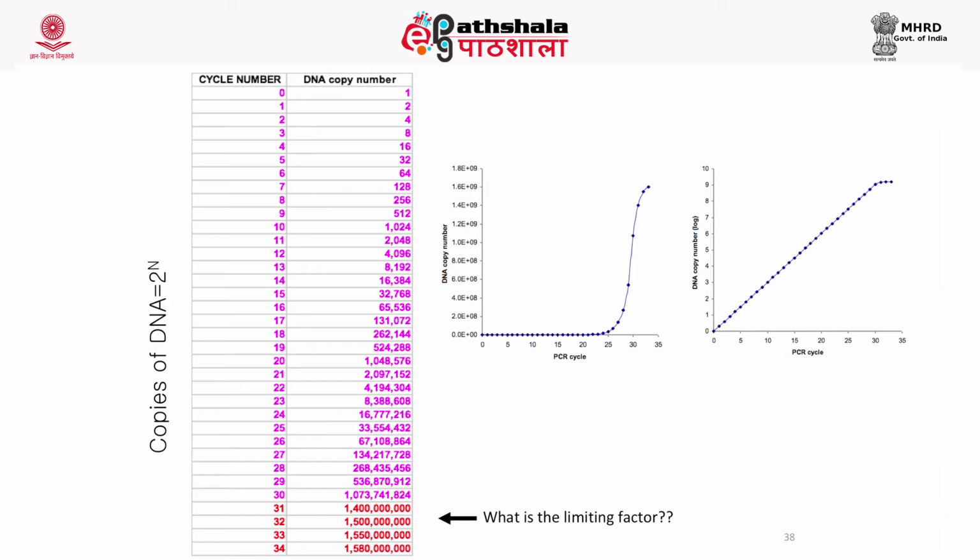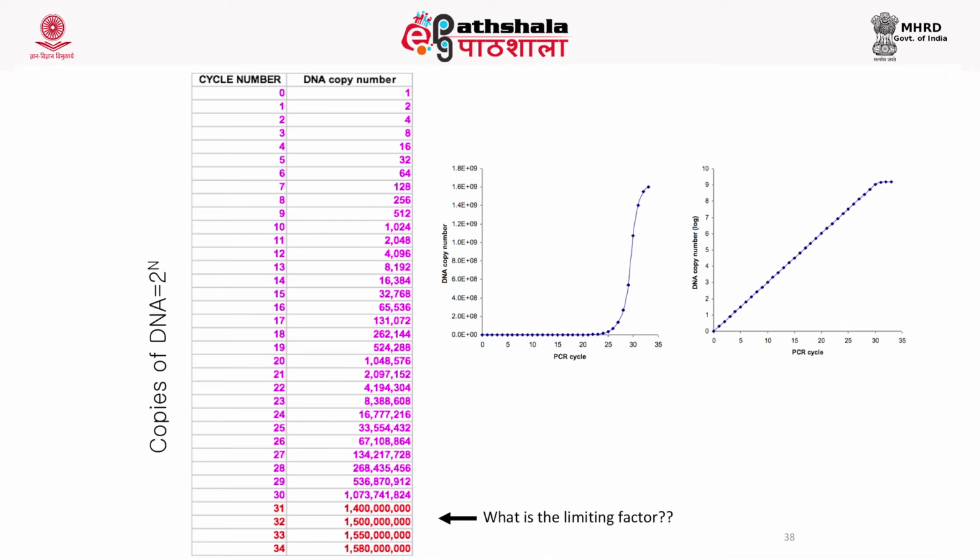Also, you can see the 2 graphs on the right where the DNA copy number is plotted against the PCR cycle number, and you can appreciate in both of these graphs that after cycle number 30, the exponential amplification does not happen.